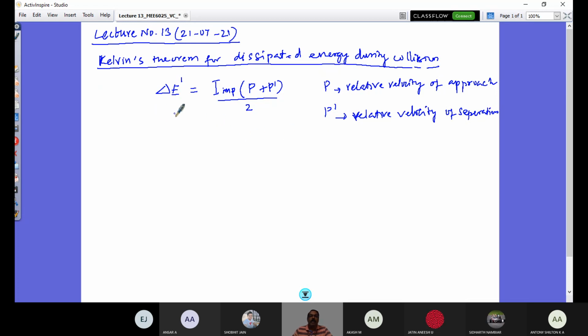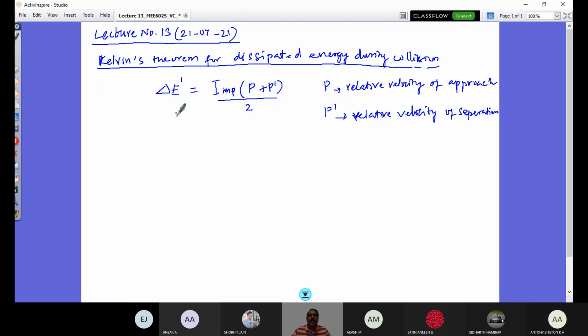So the theorem states the energy dissipated during collision is given by the product of total impulse present in the system multiplied by one half of the sum of the two relative velocities P and P dash.